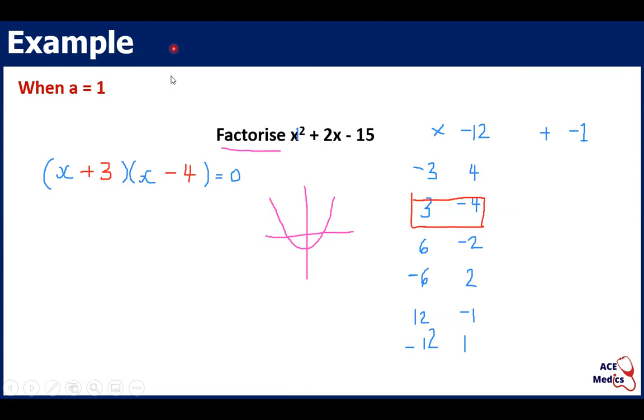Now, by solving it, what we are trying to do is to find the points where it crosses the x-axis. We'll have another class on this at a later date in a few months, but essentially solving it is finding those 2 points, and it's when y is 0. This is our y-axis.